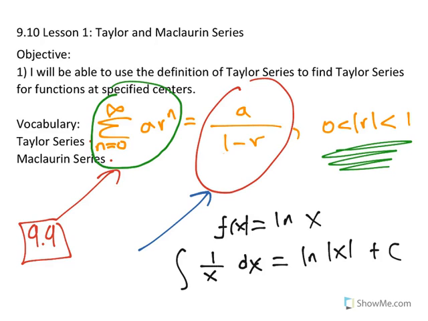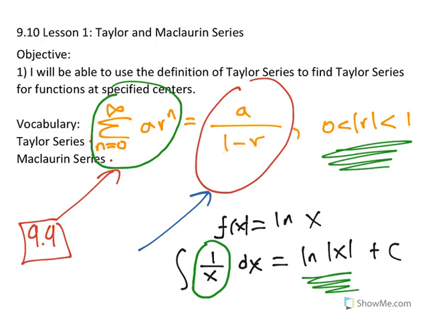And we were able to find a geometric power series for 1 over x centered at, for example, c is equal to 1, and then integrate that geometric power series to find a power series centered at the same value, for example, c is equal to 1 for natural log of x.